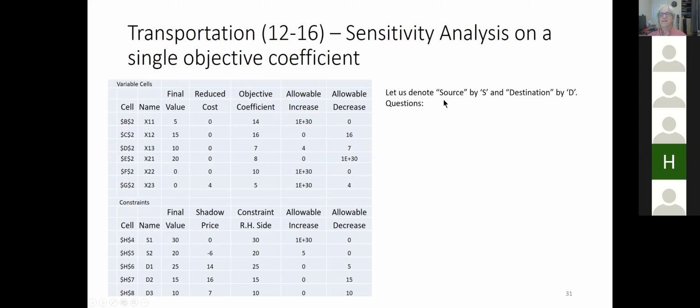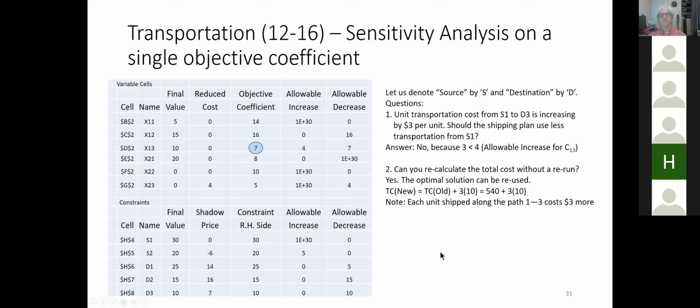Let us, for convenience, denote S for sources and D for destinations. First question. The unit transportation cost from S1 to D3, source number 1, demand point number 3, is increasing by $3 per unit. It's the unit transportation cost, so it's a coefficient in the objective function.